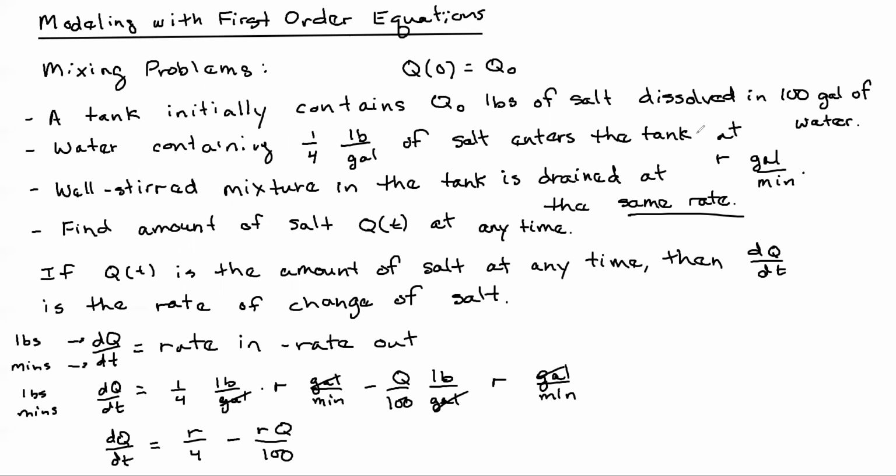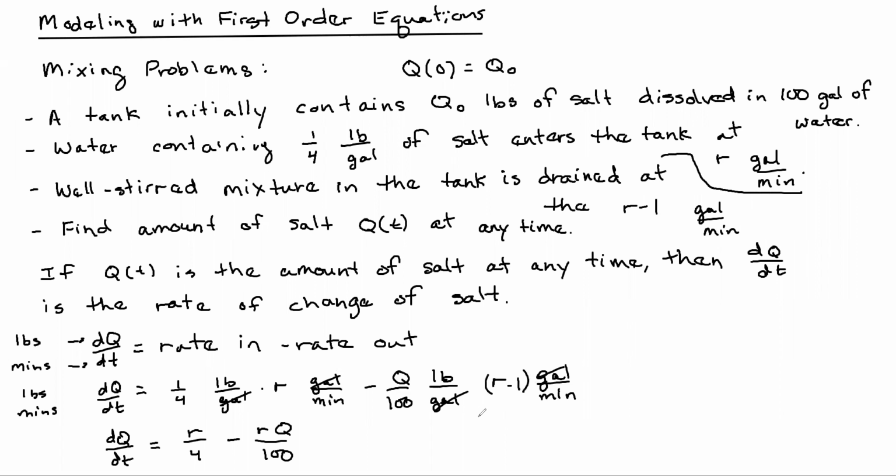Just for instance, if we changed this and said that the liquid entering the tank was at R gallons per minute, and the tank was being drained at R minus 1 gallons per minute. Then when you set this up, obviously this will be R, and this would be R minus 1.